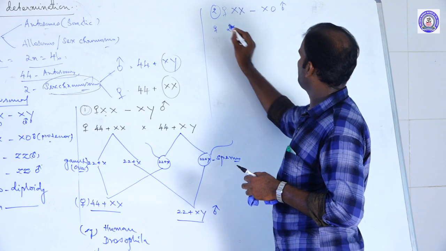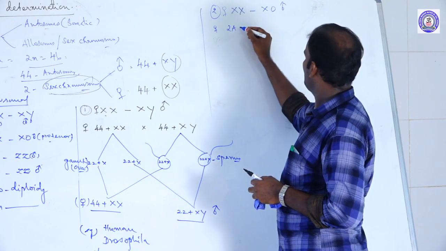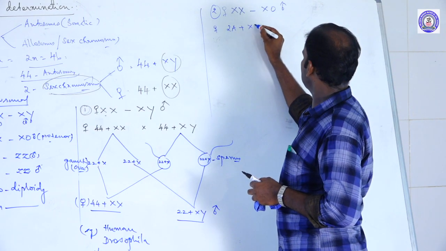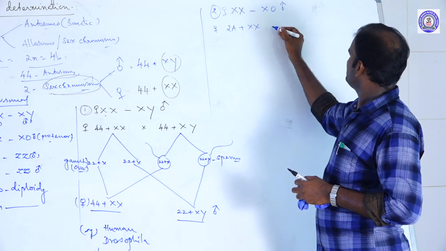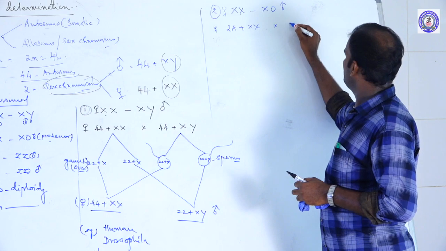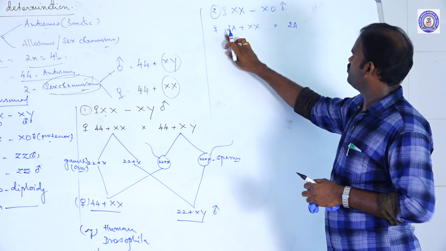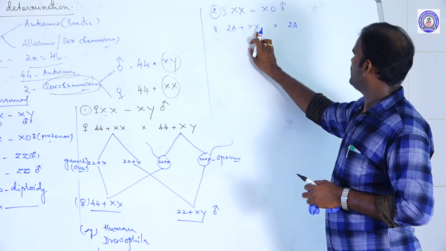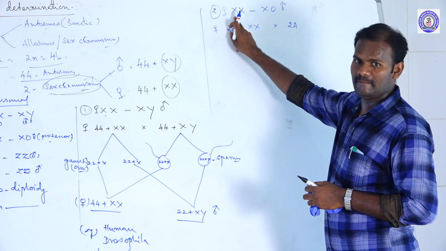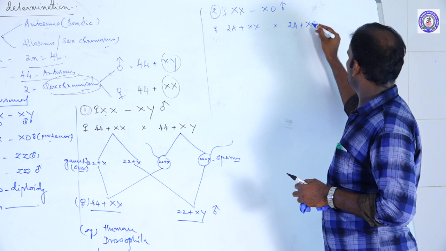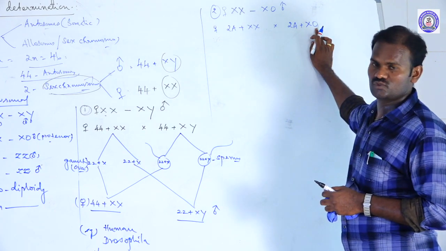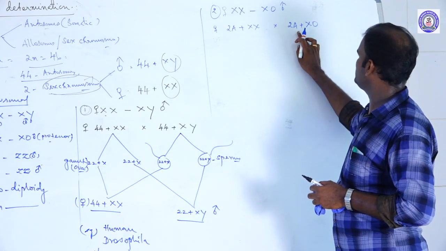In female, 2A plus XX. Then crossed with male, 2A, meaning only two autosomes, plus X0. Here two sex chromosomes are present in female, while in male one chromosome is missing. So totally in male of this type, there are 3 chromosomes.